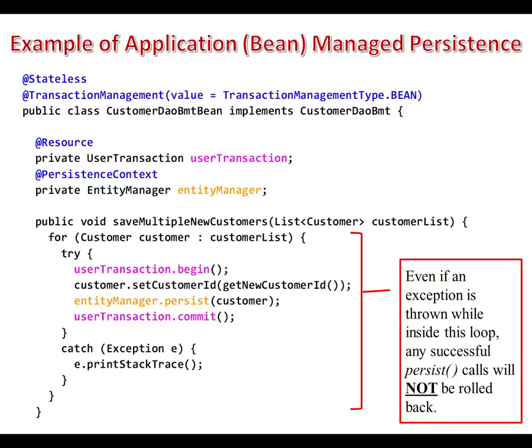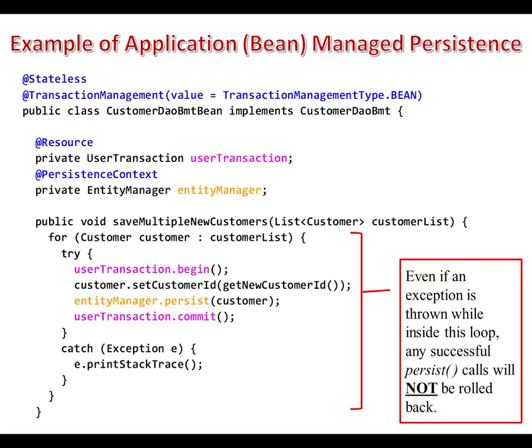Essentially, it's another resource that is provided to you called UserTransaction. This is the actual transaction object that you need in order to begin a transaction, commit, rollback. This is the thing that you call. And for persistence context, that's the same as before. So you still need the entity manager.